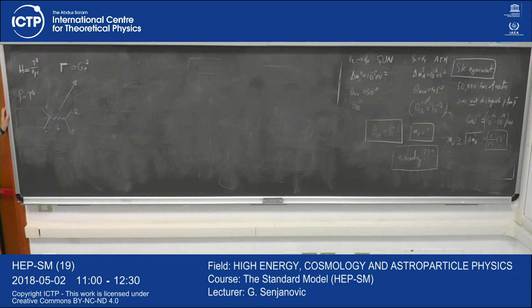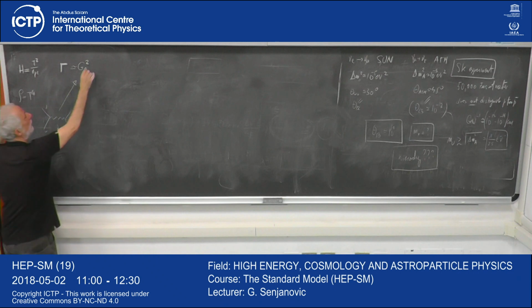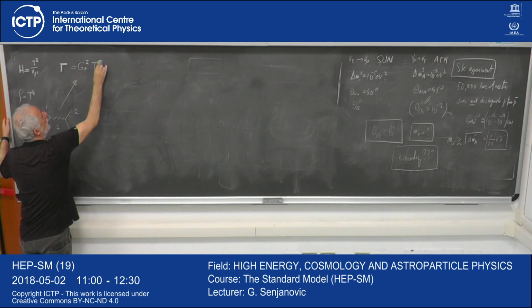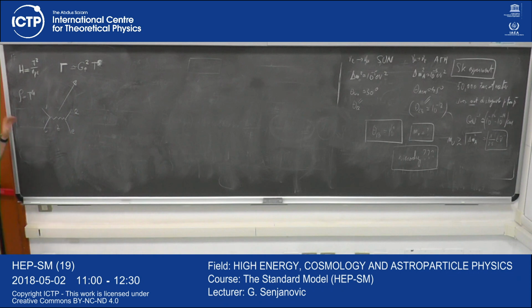Times, going to a very hot universe, T to the 5. Aha, so you know that, I'm glad. At high temperature, and I'm assuming here temperature bigger than an MeV, or bigger than 0.5 MeV to be precise, this is what I mean by hot, because otherwise I have to worry about the electron mass, there is a scale.